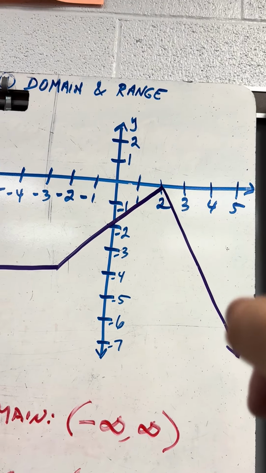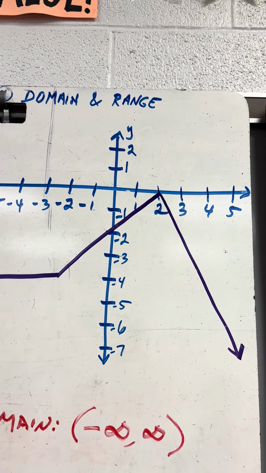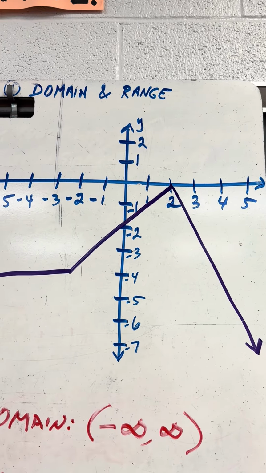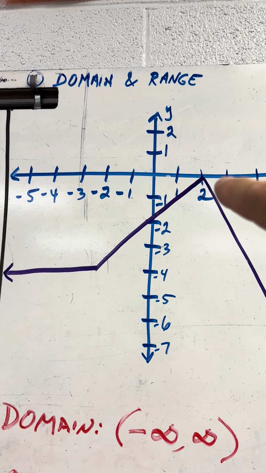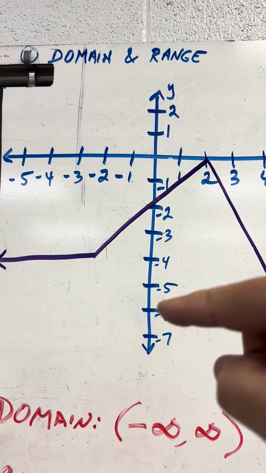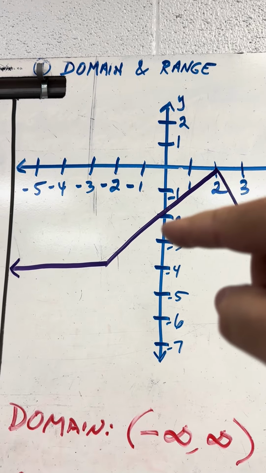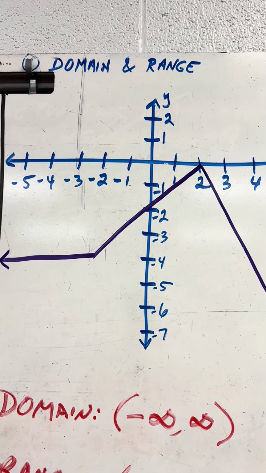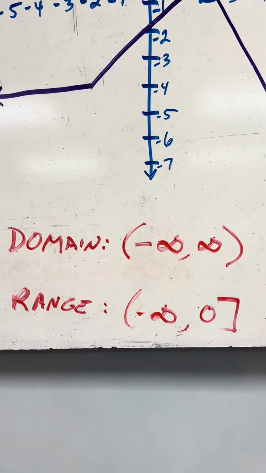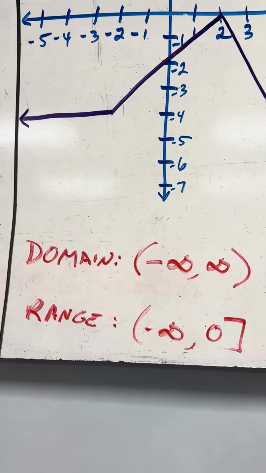Notice how this keeps going down forever, which means the bottom is going to be -infinity. But the top is going to be 0. Don't say 2, right? -7, -6, -5, -4, -3, -2, -1, 0. This is a level of 0 for the range. So it goes from -infinity to 0. Okay?